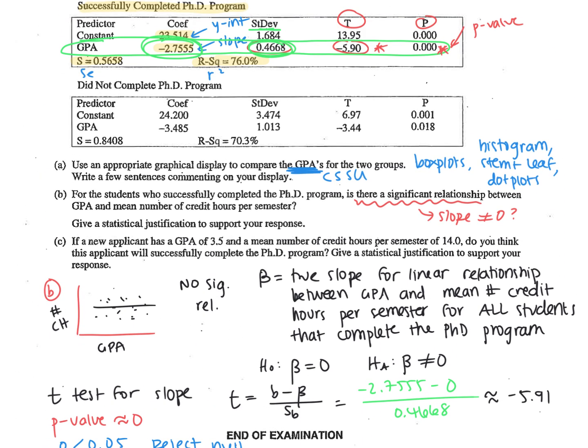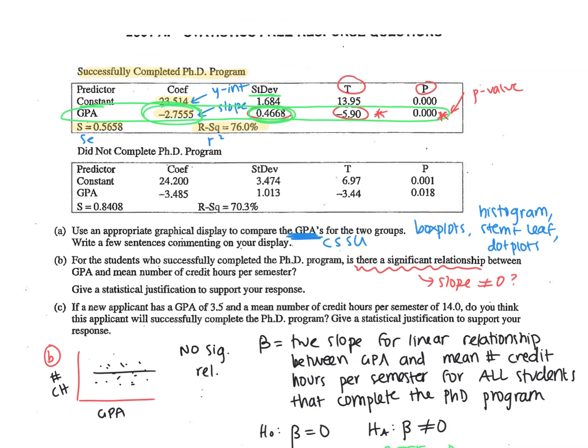If a new applicant has a GPA of 3.5 and a mean number of credit hours per semester of 14, do you think this new applicant will successfully complete the PhD program? Give a statistical justification to support your response.